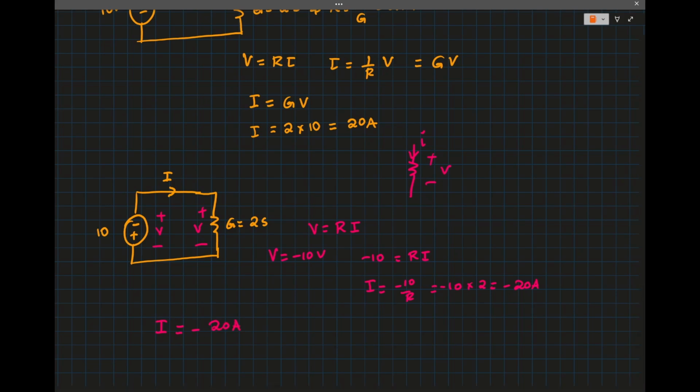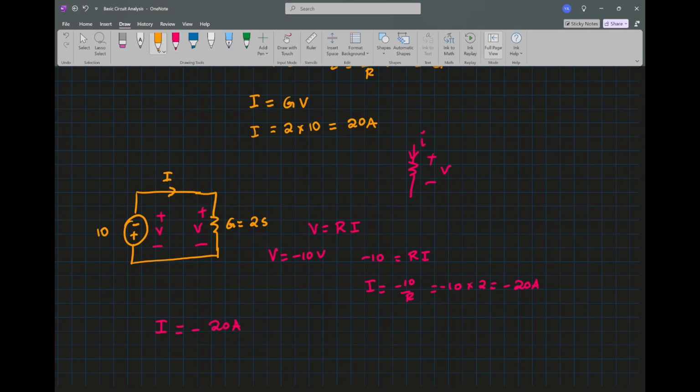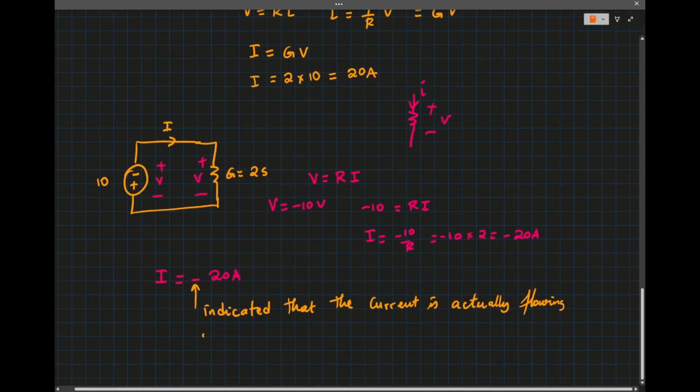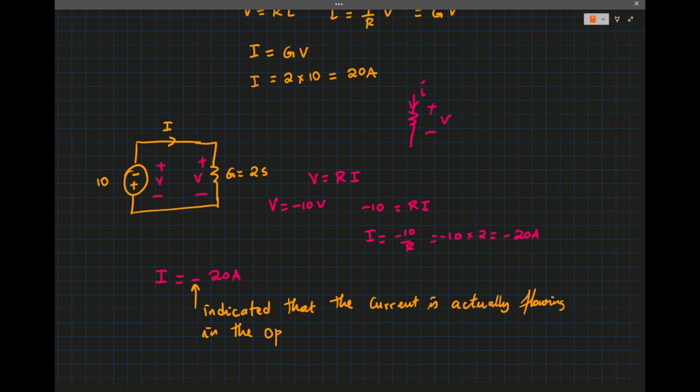So the sign that you see here indicates that the current is actually flowing in the opposite direction.